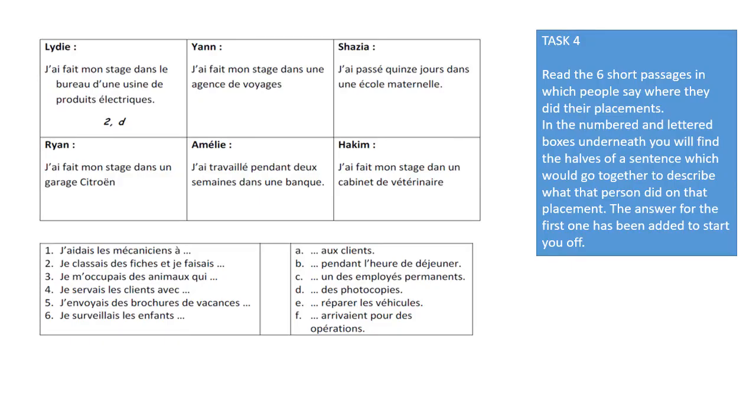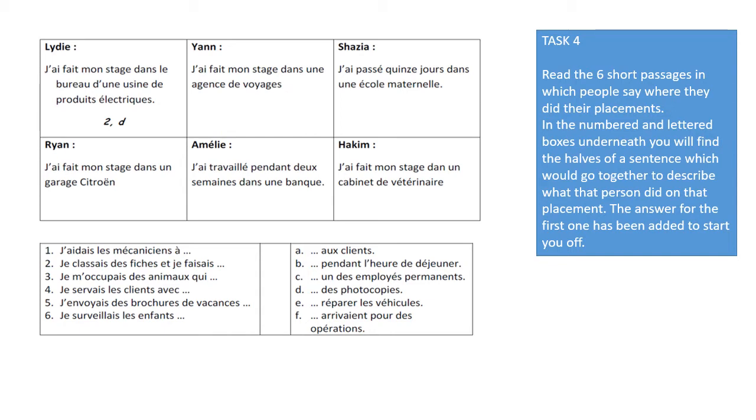Task 4, you've got 6 different people talking about placements that they did. So on the big table at the top, you've got them saying where it was that they did their work experience. In the grid that's underneath, you've got sentences that are numbered and sentences that have got letters at the start, and they give a bit more detail about what that person did during those placements.